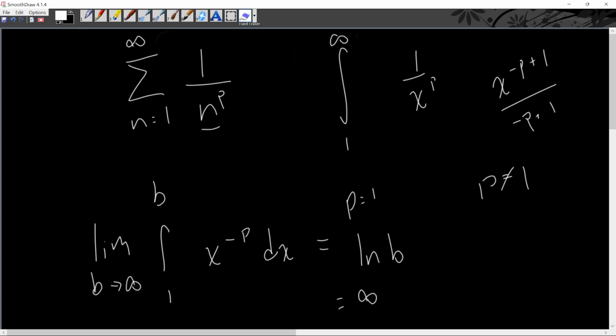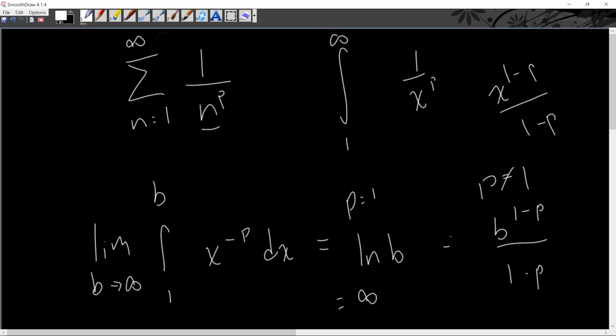So for easier writing, we can say it's x to the 1 minus p over 1 minus p, right? And so it's either ln b or b to the 1 minus p over 1 minus p, right?